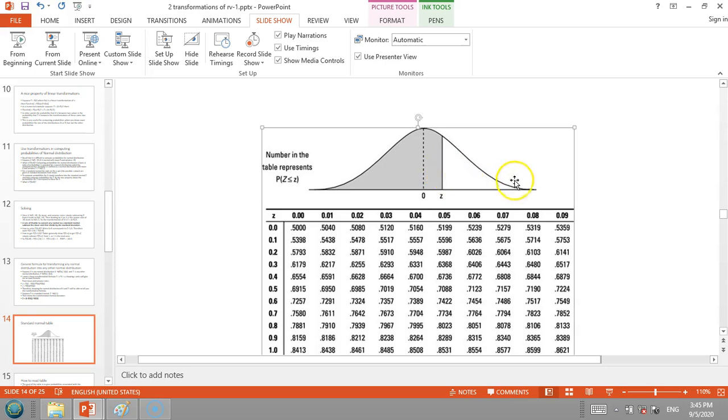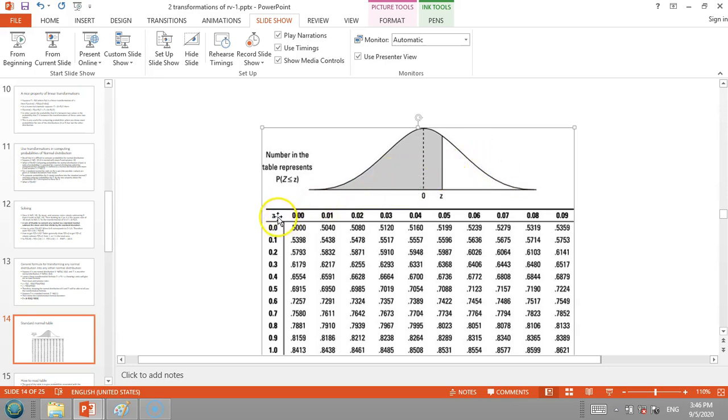I need the area to the right. Okay? So the area to the right is 1 minus the area to the left. Do you understand this? It's 1 minus the area to the left. Anyways, I will first get the area to the left, because this is what the table is giving me. It's not giving me the area to the right, unfortunately.